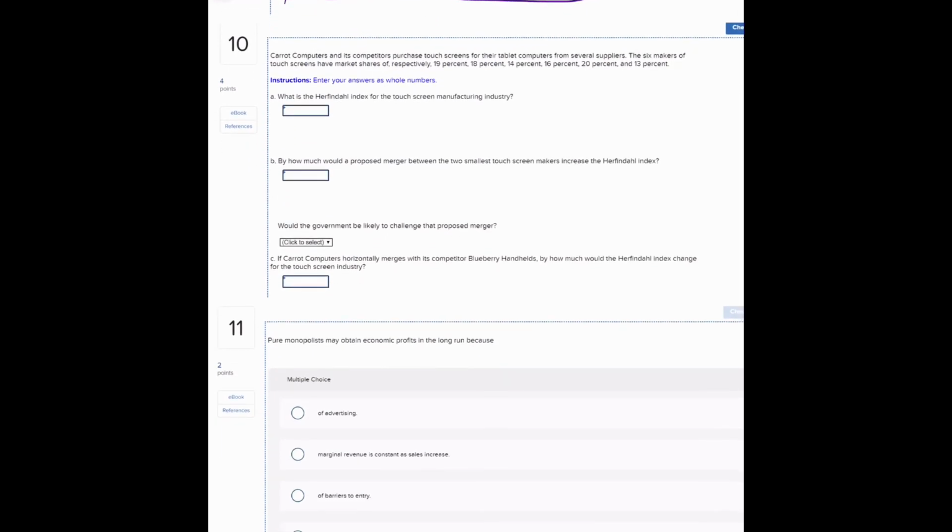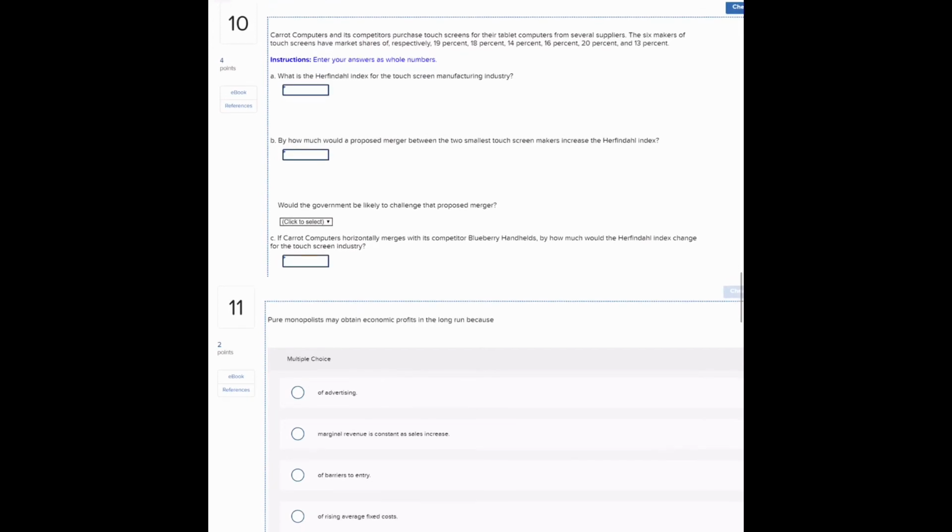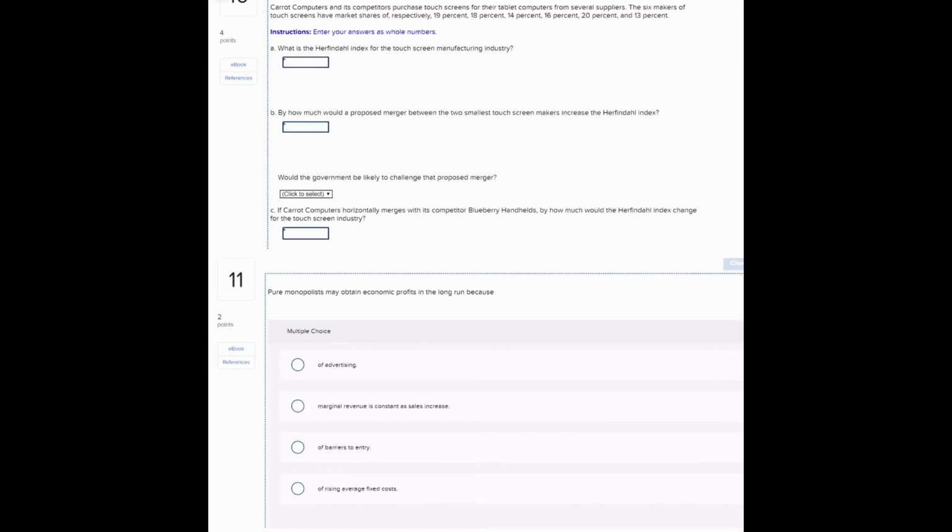Number 10, Carrot Computers and its competitors purchased touchscreens for their tablet computers from several suppliers. The 6 makers of touchscreens have market shares of respectively 19%, 18%, 14%, 16%, 20%, and 13%. And this is asking us about the Herfindahl Index for the touchscreen manufacturing industry.